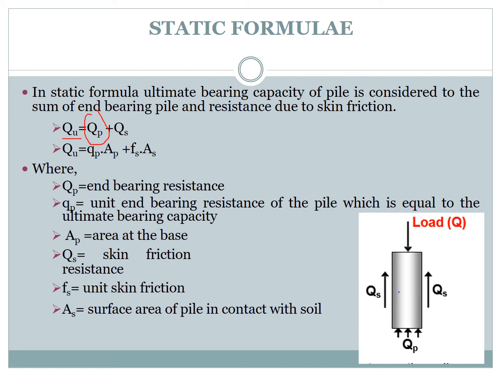For determining QP and QS, it is necessary to determine qp and AP, and fs and AS, where small qp is the unit end bearing resistance of the pile, which is equal to the ultimate bearing capacity. AP is the area of the pile at the base. QS is the skin friction resistance, fs is the unit skin friction, and AS is the surface area of the pile in contact with the soil.